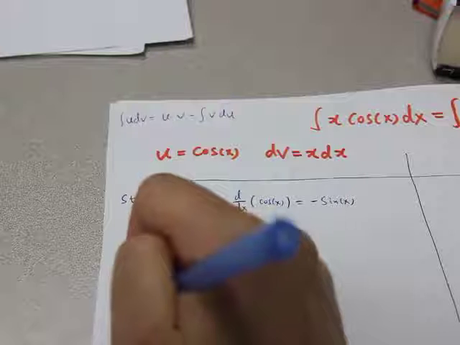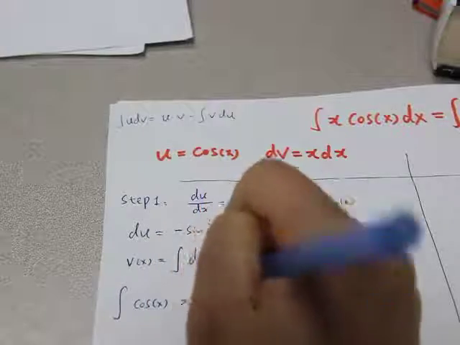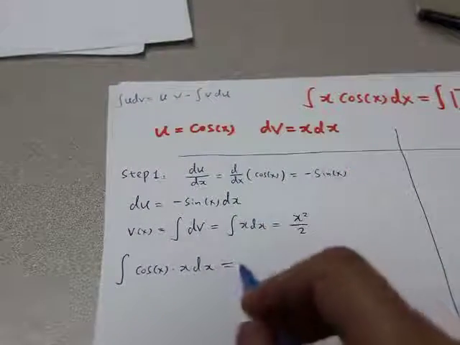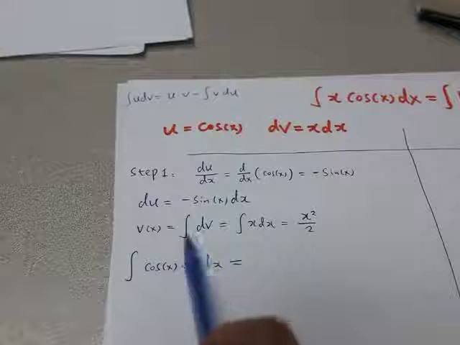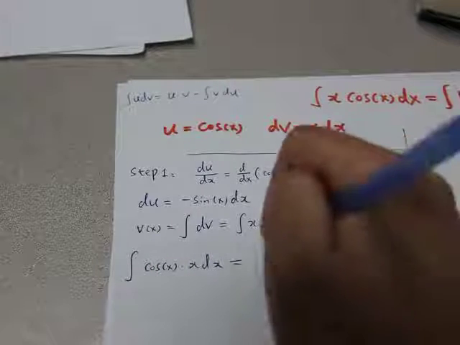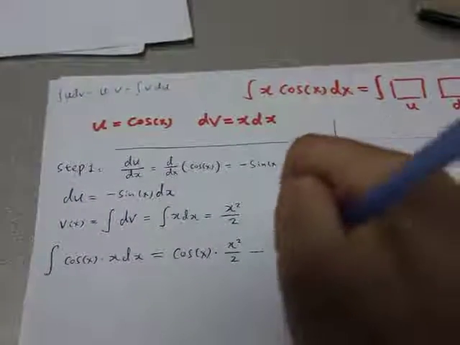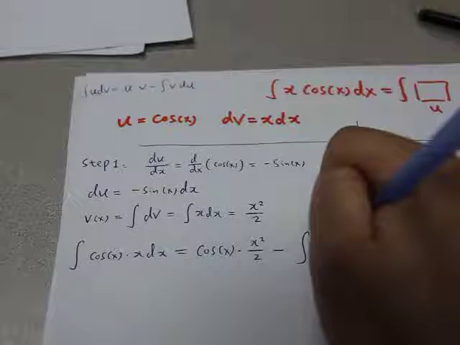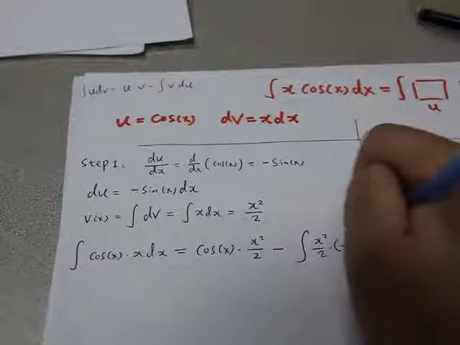Okay, so now according to this formula, this should be equal to u of x times v of x, which in our case is cosine x times x squared over 2, and minus the integral of v of x times du, which is x squared over 2 times du. Du we figured out is minus sine x dx.